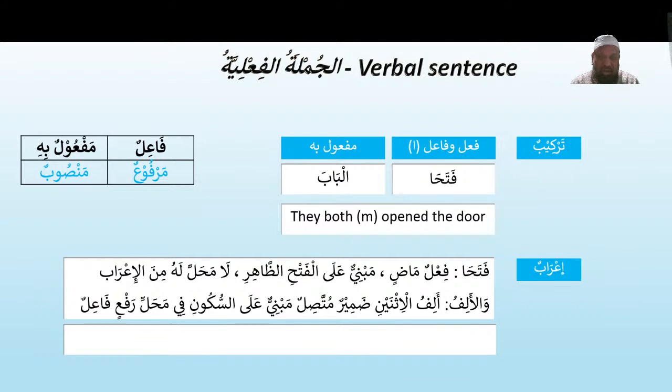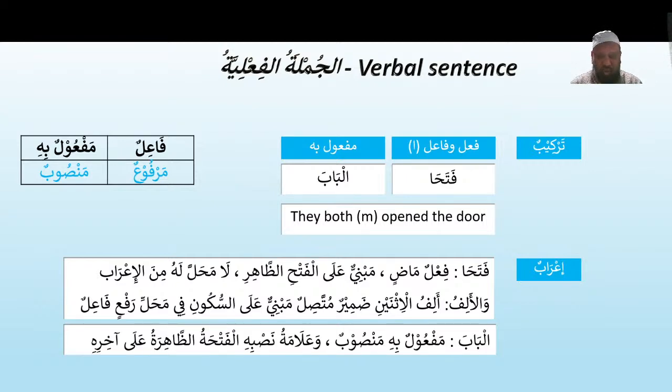Then what is the slot? في محل رفع. Why is it in the place of rafa? Because it's fa'il. So: والألف ألف الاثنين ضمير متصل مبني على السكون في محل رفع فاعل. This damir is becoming the fa'il. Next, الباب, we've done it, is مفعول به, no change here: الباب مفعول به منصوب وعلامة نصب الفتحة الظاهرة على آخره.